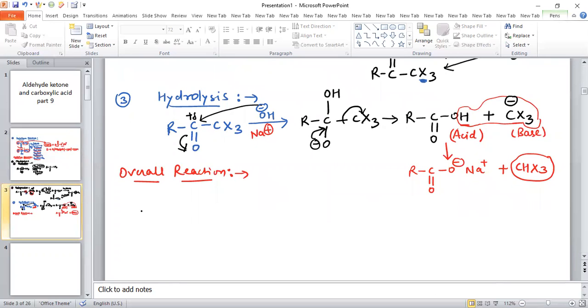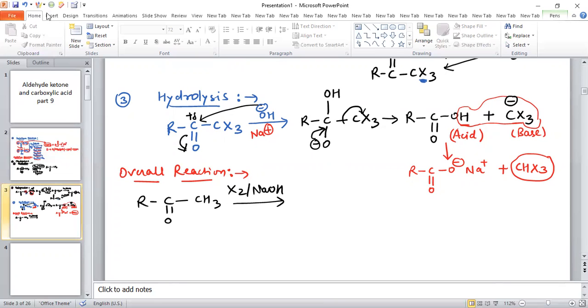So if we have a compound like RCOCH3 and the reaction with X2 NaOH, and we can use further reagents, basically X2 NaOH, X2 KOH, X2 calcium hydroxide, X2 Na2CO3. So all of these pairs can be used.